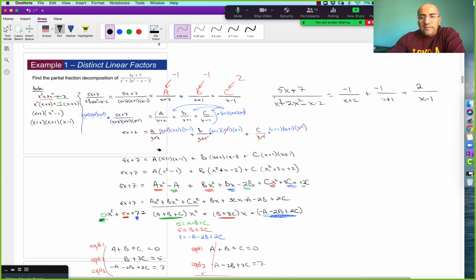So we were able to separate this pretty ugly fraction into the summation of 3 more simple looking fractions. And again, you could check your work by combining these. The least common multiple would be to multiply all three of them to get a common denominator, bring them together, and after all that work, you'll see that it equals this.